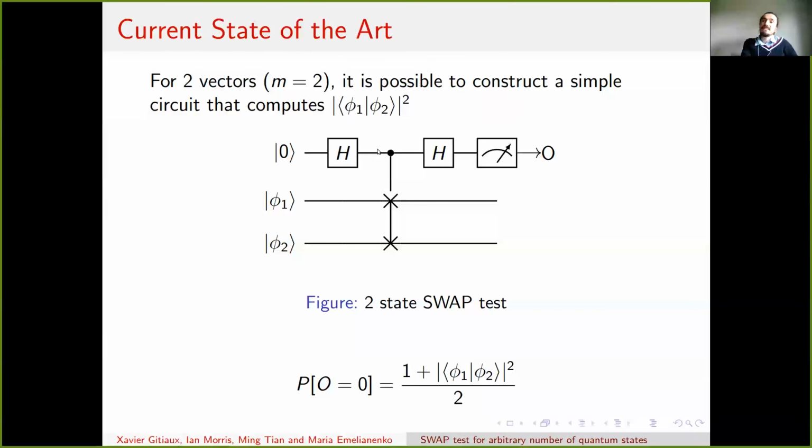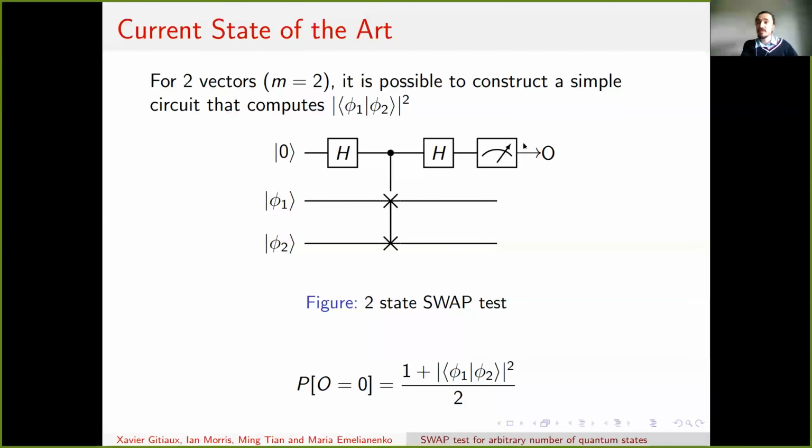And mostly the idea of what you're going to do is swap phi 1 and phi 2, controlled by the top auxiliary wire. By control, it means that when the wire is 0, you don't do the swap, and when the wire is 1, you do the swap. And then you're going to eventually do a measurement on the top wire to look at an outcome.